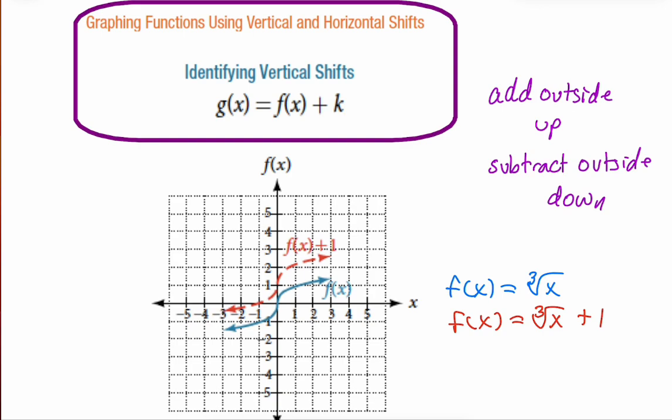That works for any function. If it's a quadratic, so if it's x squared and we put a plus 1 on the outside, it's going to lift it up 1. If we put a minus 1 on the outside, it's going to push it down 1. So a vertical shift, moving something up or down, happens if we add or subtract something on the outside of the function.